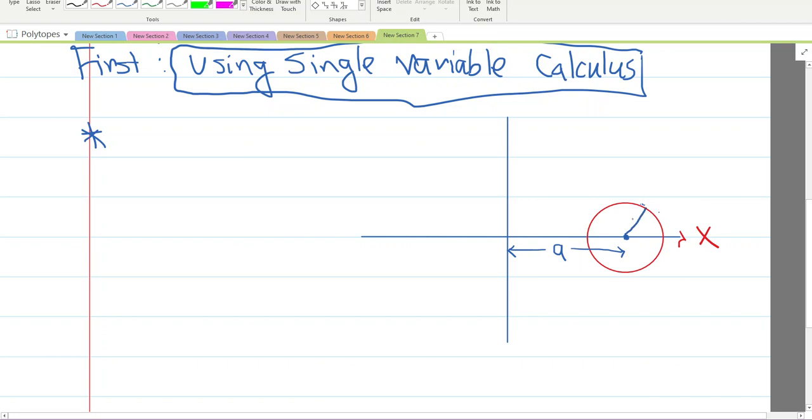If we rotate this circle about the y-axis, you can imagine that we will get the torus.